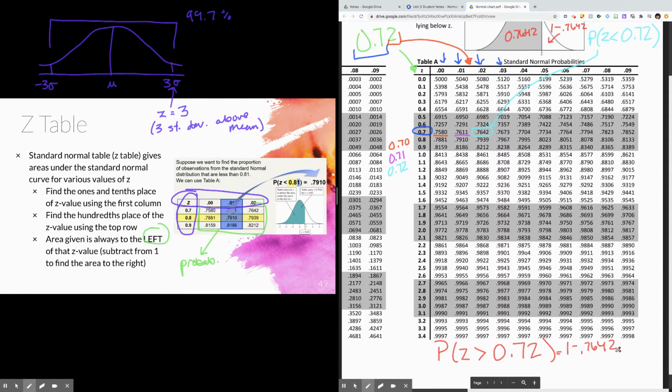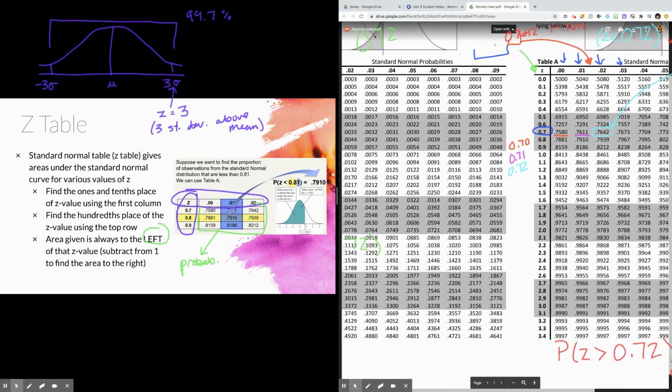So it's 1 minus whatever number you get from the z table, which is 0.2358. Another way that you can get that number is you can look at the negative version.